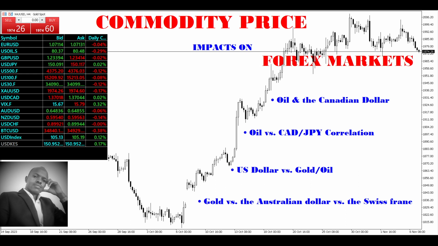Or rather, in Forex charts, you will see oil and gold prices going up as the value of the dollar depreciates or falls.